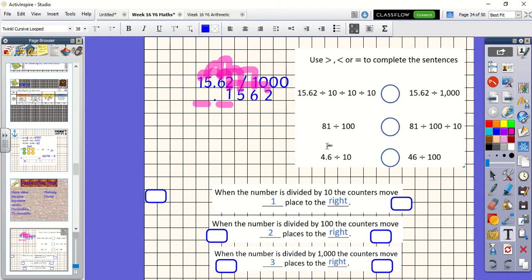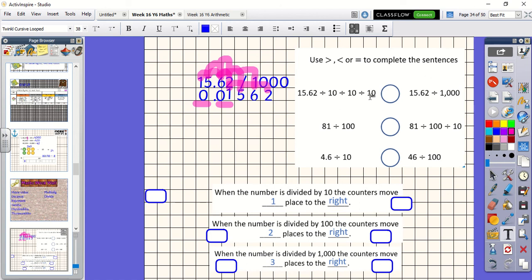So you should know for your placeholders, you are going to put a 0 in there. So a 0 to go in the tenths column and a 0 to go in the ones column. There we go. So 15.62 divided by 1,000 is 0.01562.